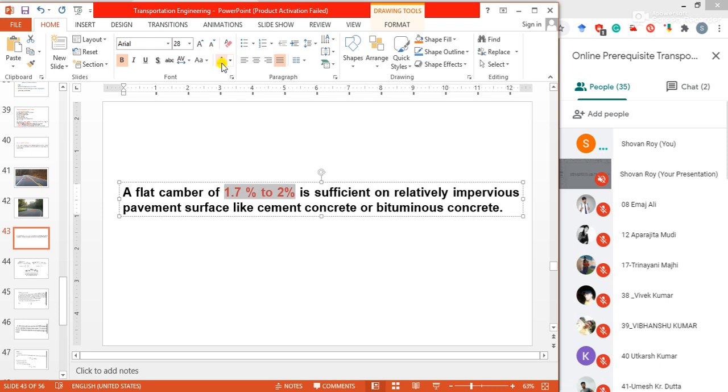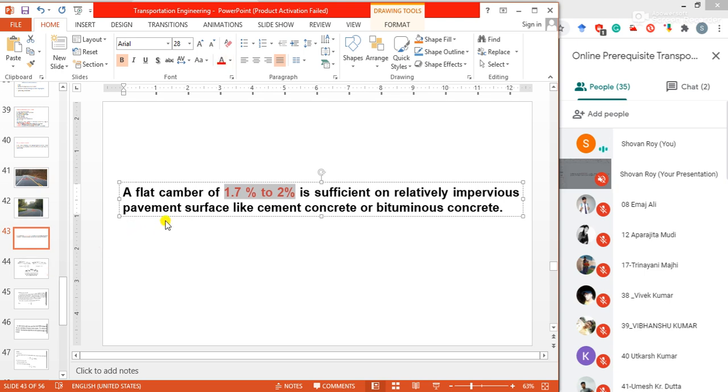For pervious surface like water bound macadam (WBM) road, or the earth road which may allow surface water to get into the subgrade soil, steeper cross slope is required for earthen slope.